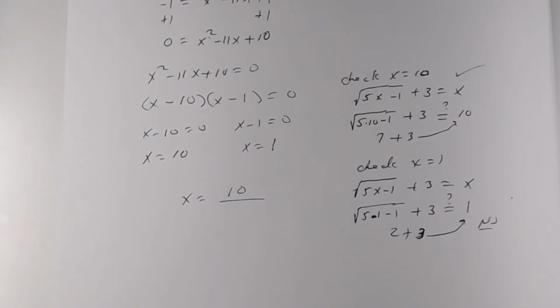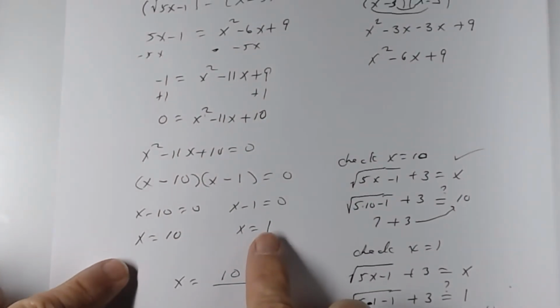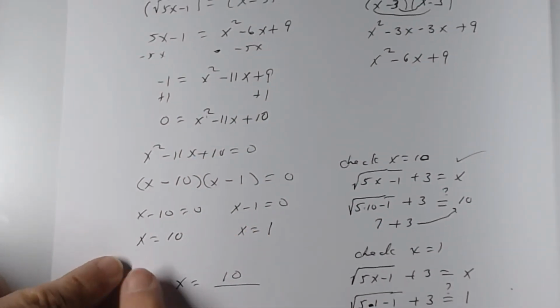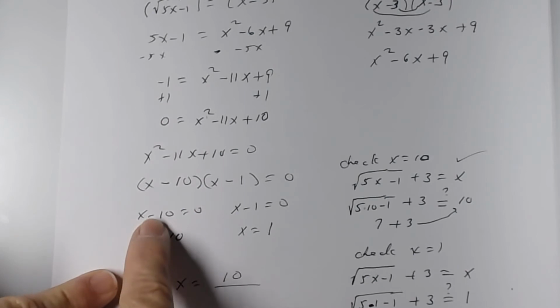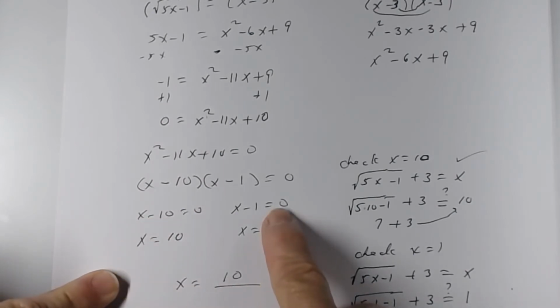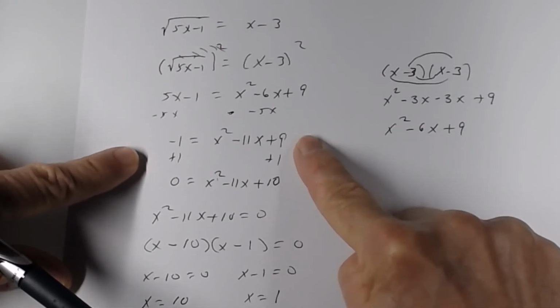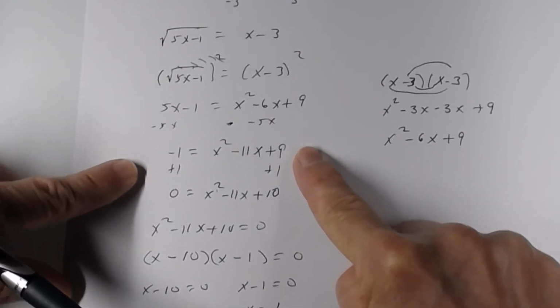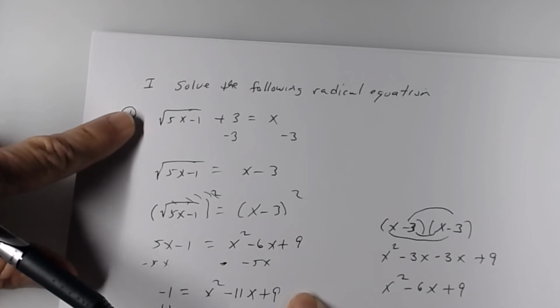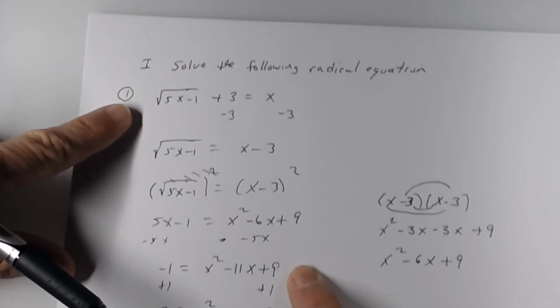Now, keep in mind that those are solutions to something. They're both solutions to these linear equations. So x equals 10 is a solution to this linear equation. x equals 1 is a solution to this linear equation. They're both solutions to the quadratic, but they're not both solutions to the radical.